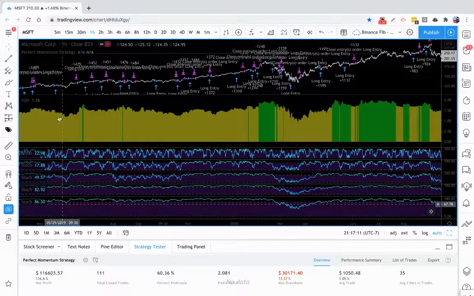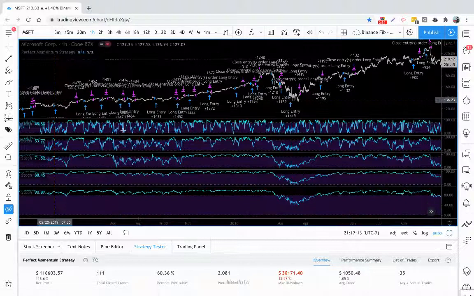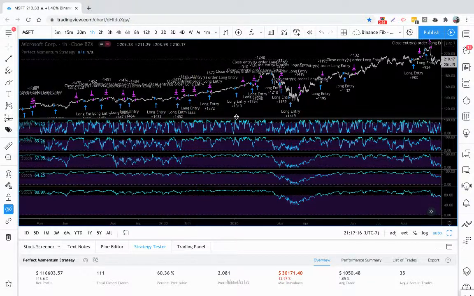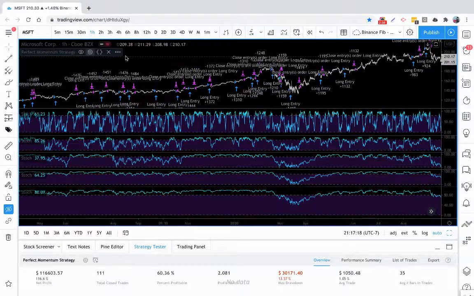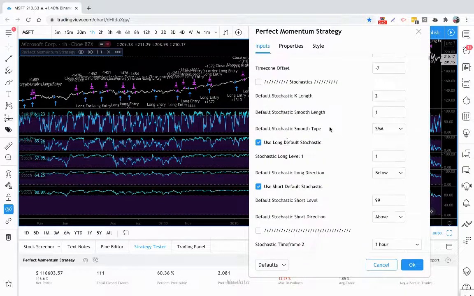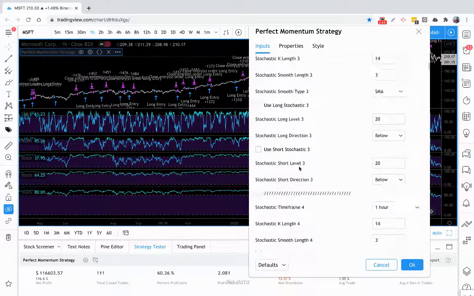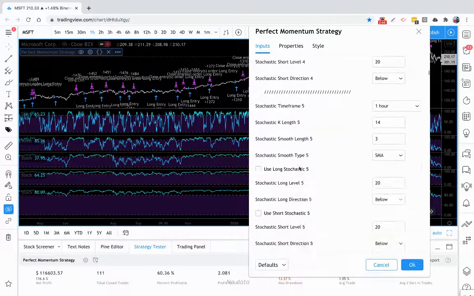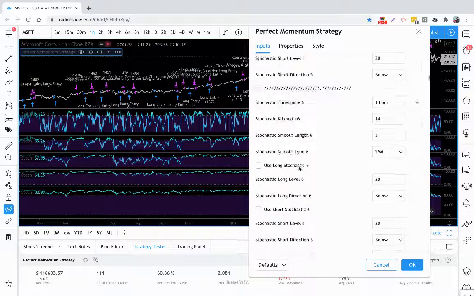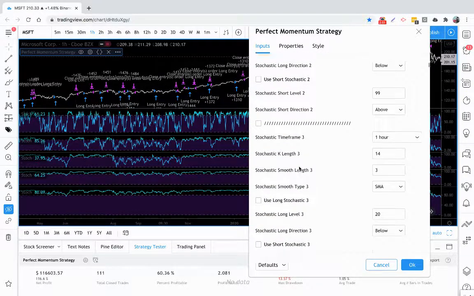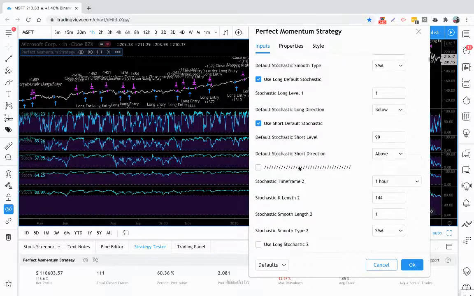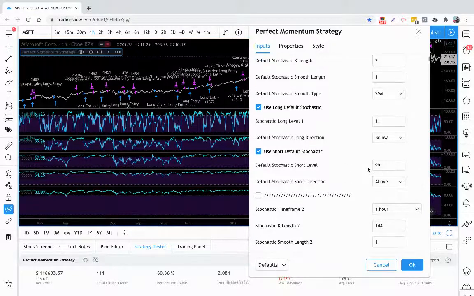I actually had put some up here earlier, so let me show this to you right now. Here's what's actually happening. You have stochastics 1, 2, 3, 4, 5, and 6. You have 6 different stochastics on here that can all work at the same time, and they can all detect momentum on different time frames.